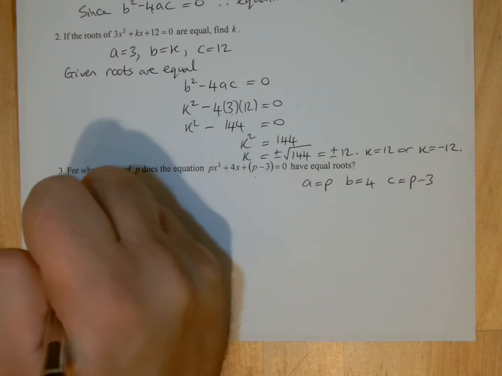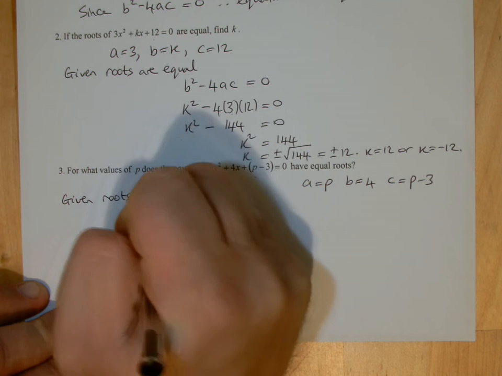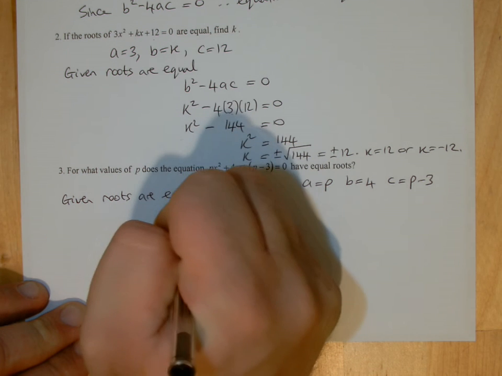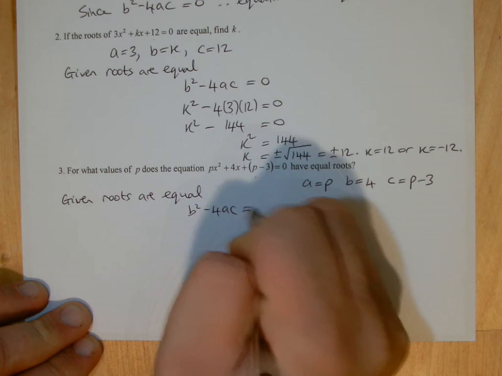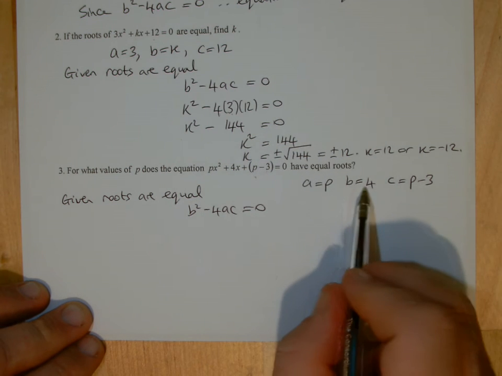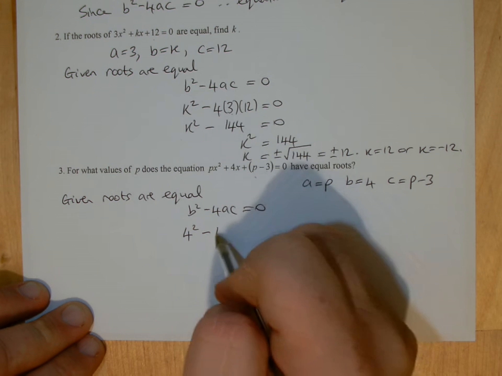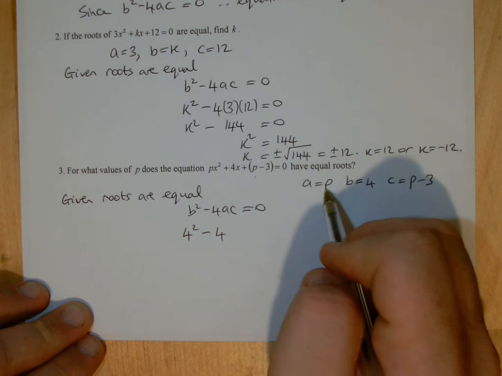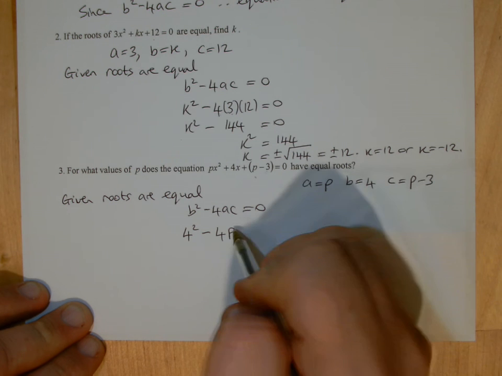So again, we can make that statement: given the roots are equal, b squared minus 4ac is equal to 0. So we've got b to be 4, so 4 squared, take away 4 times a times c, where a is p and c is p minus 3.